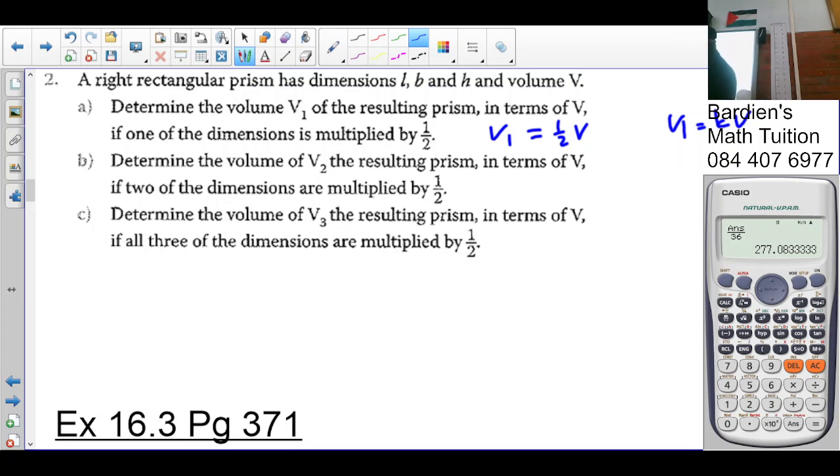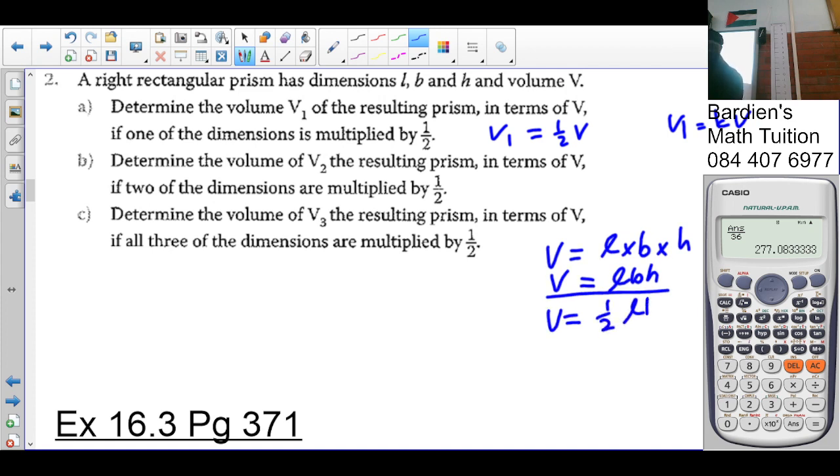If the volume of the original is length times breadth times height, LBH, which is V, and one of the lengths is multiplied by a half, it will be a half LBH, which is a half V. You all agree with that?